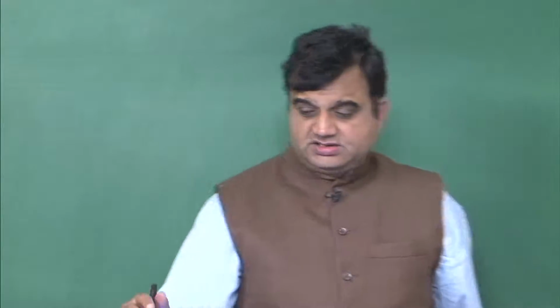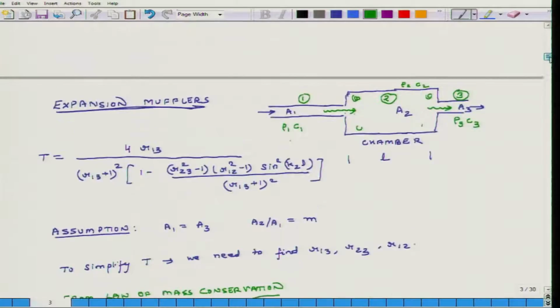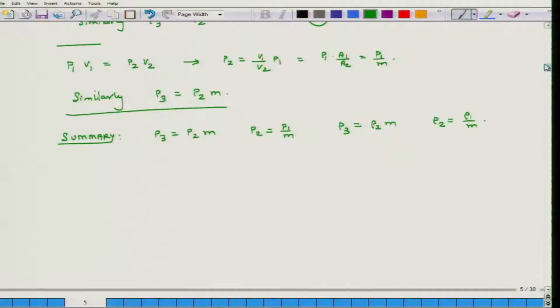Yesterday we started discussion on modeling and design of expansion type of mufflers, which is another name for reactive mufflers. What we had shown yesterday is that if we have a muffler with a topology as shown in this figure, then the relations between pressure in section 3 and section 2, and section 2 and section 1, and similar relations for density, are given here.